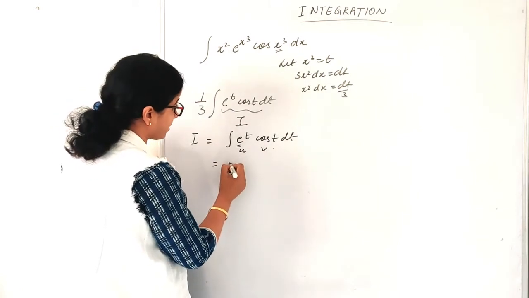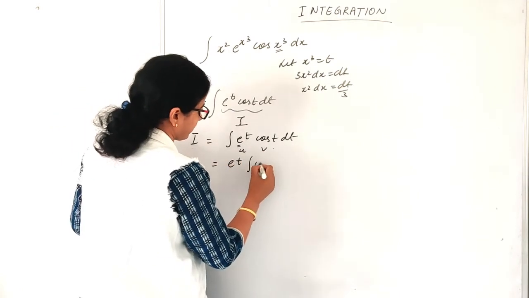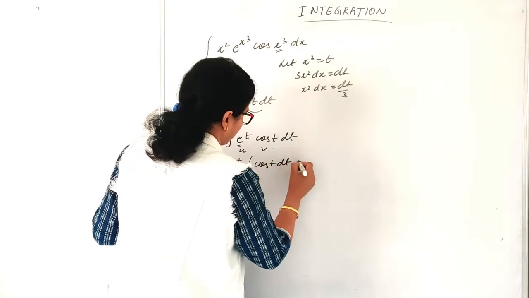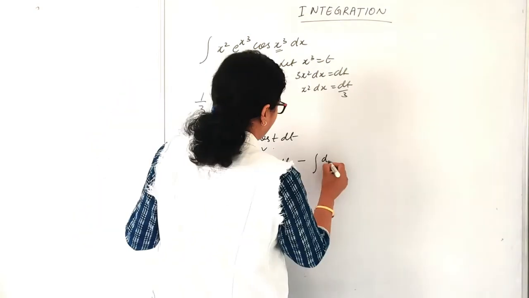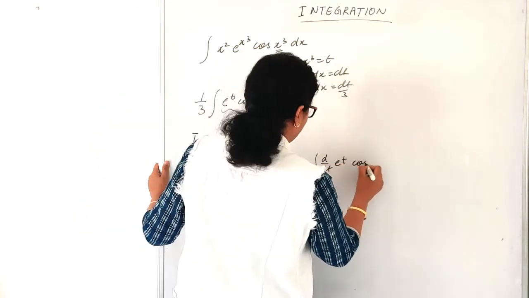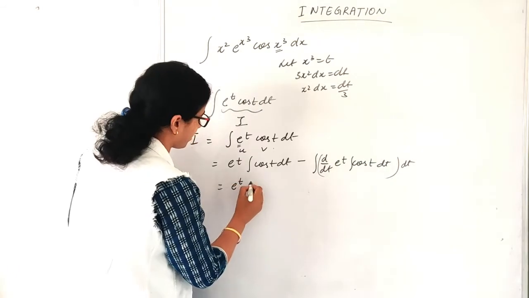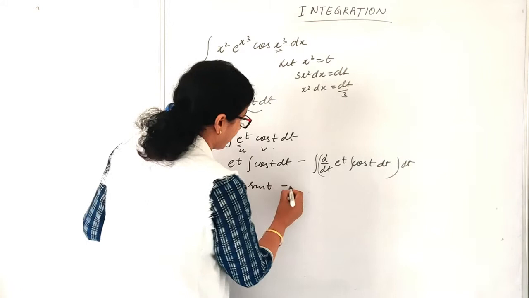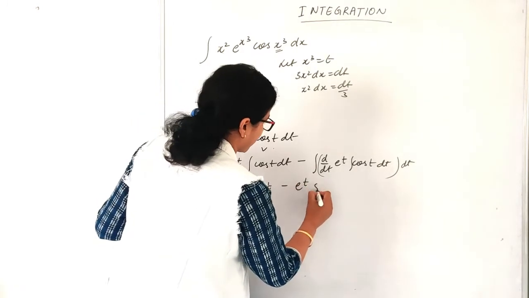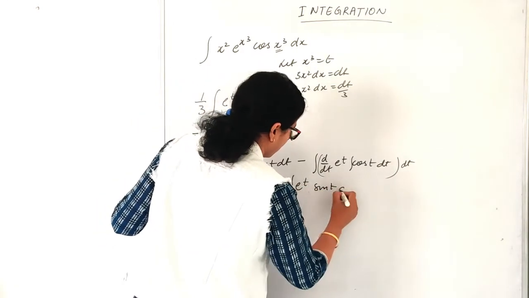So you will write e^t sin t minus differential of e^t, sin t integration dt whole dt, e^t cos t minus e^t sin t integration dt plus c.